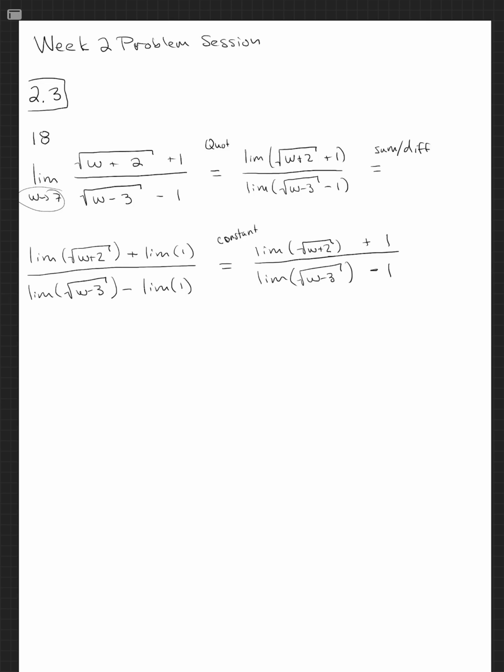So there we go. The next rule we have is the power rule. And that might seem a little bit tricky here, but we got to remember that roots are just powers, right? Square root is raising something to the 1/2 power. So that means that we can take the limit inside of that square root. Right? Basically, we raise the limit to 1/2 instead of what's inside the limit.